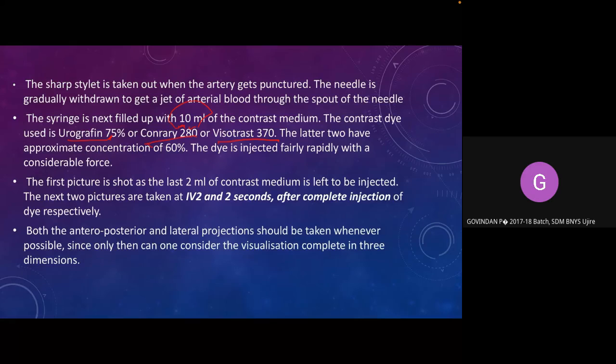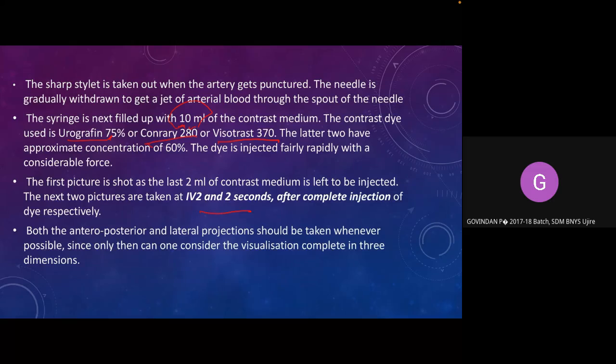These are nothing but different brand names of the dye, and we rapidly inject it. You take the first picture within 2 seconds of the contrast material being inserted. Whenever possible, you take an AP and lateral view, which we take with the C-arm.